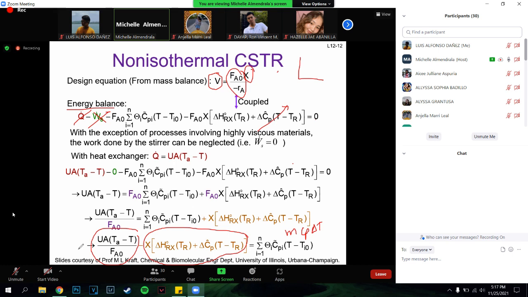So this is the heat removal, and this is the heat generation term, equal to the amount of heat that is gained by the reactant coming into the reactor, from Ti0 to T. So the gain in energy of your reactants will depend on the difference between the heat that is being transferred, the heat of the surroundings, and the heat of the reaction itself.